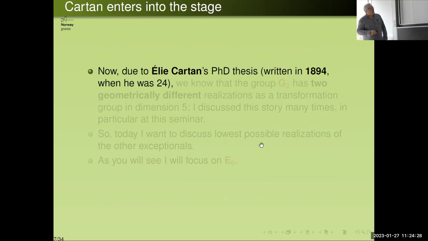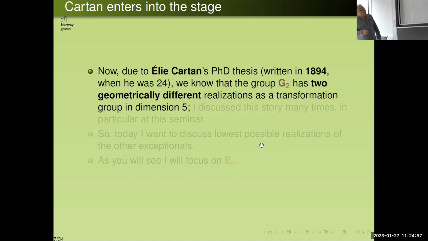Now, due to Elie Cartan's PhD thesis, written at the age of 24, in which he re-examined everything Killing did and cleaned up all the gaps in Killing's work, he found all the lowest dimensional irreducible representations, and he also indicated what could be the lowest dimensions of realizations of these groups.